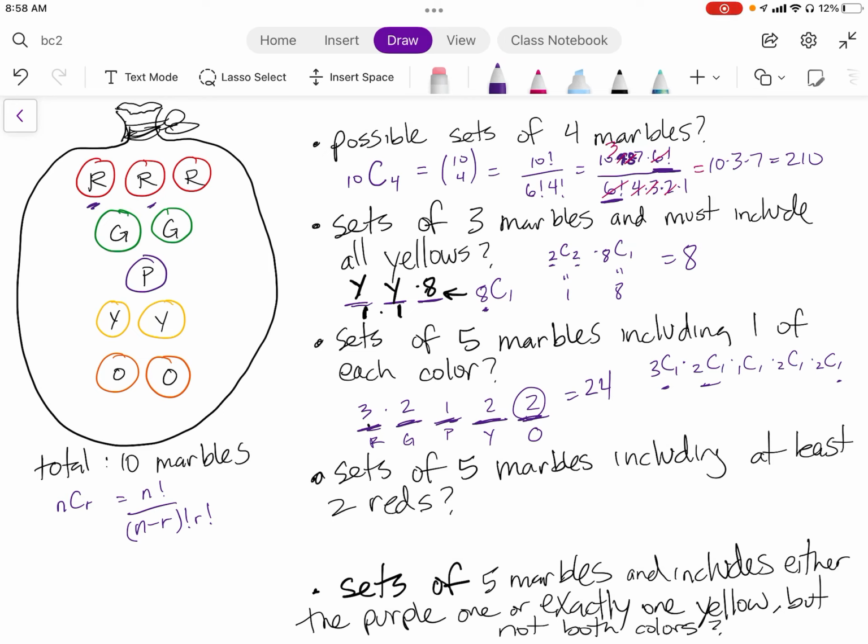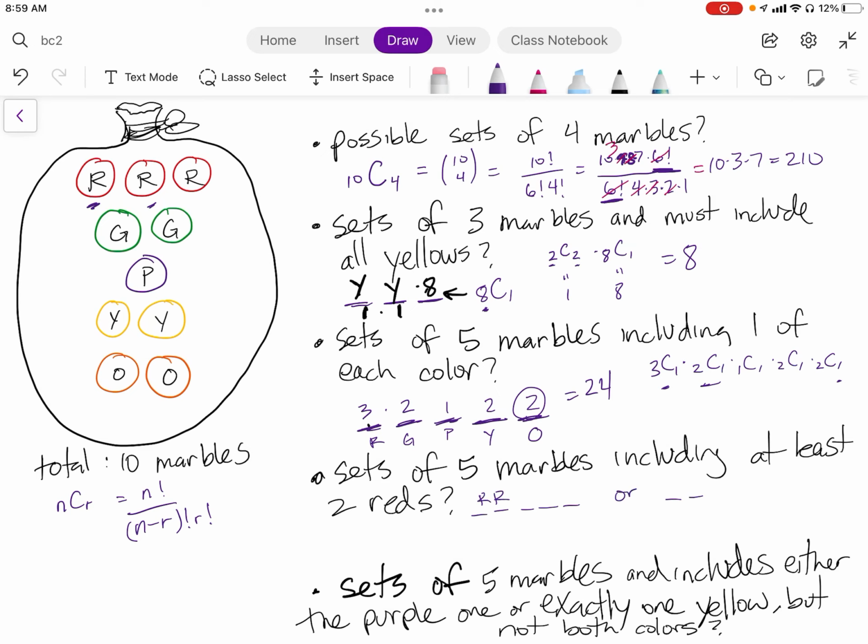Okay, moving on. Set of 5, including at least 2 reds. This one gets a little trickier because if I want to include at least 2 reds, I could have a set of 5 with 2 reds, right?